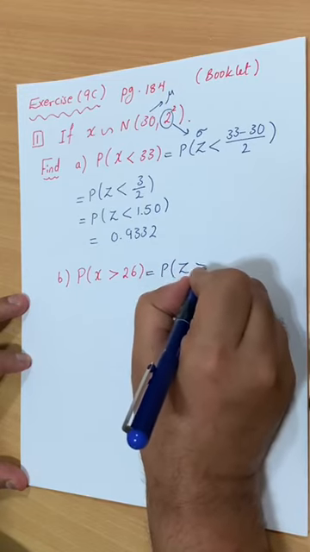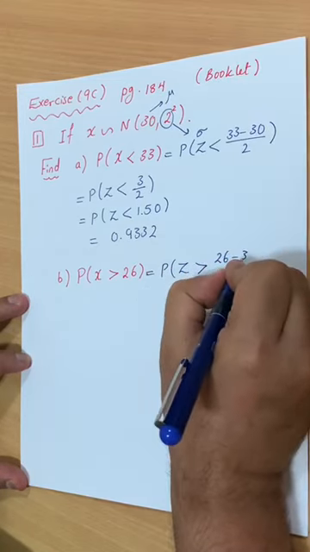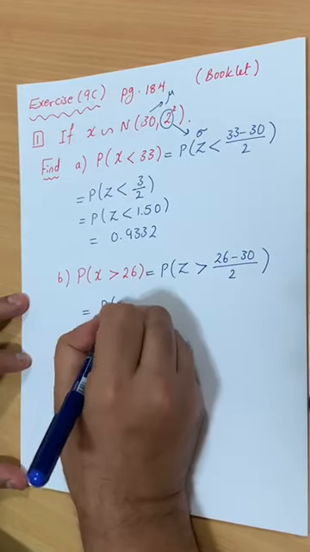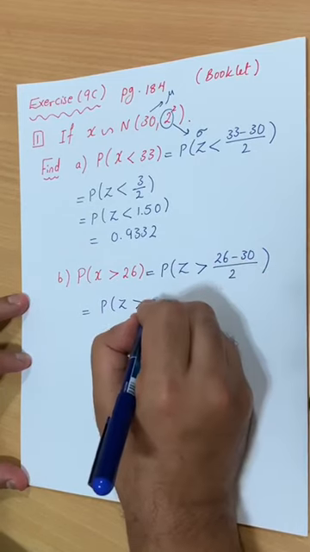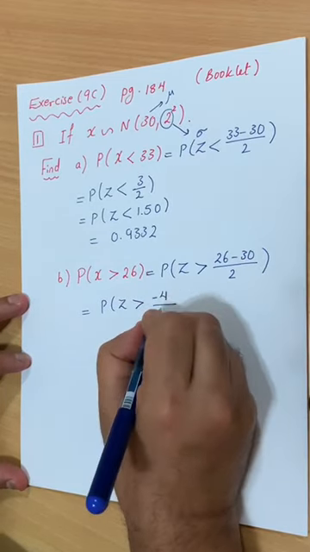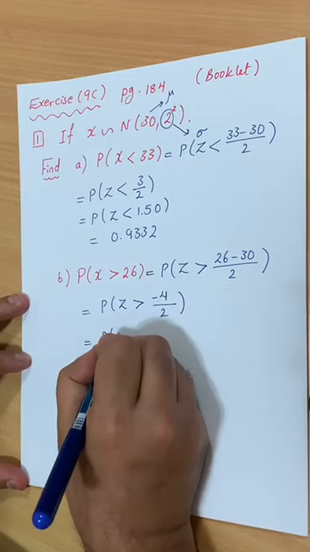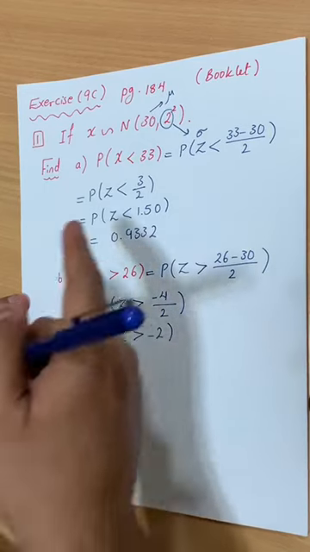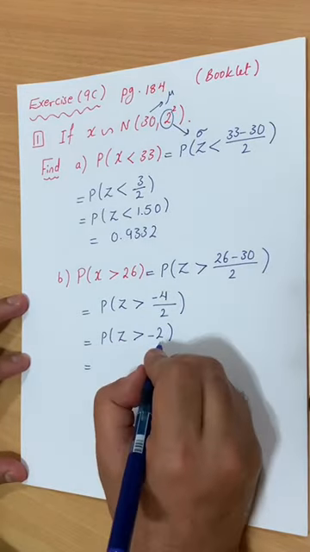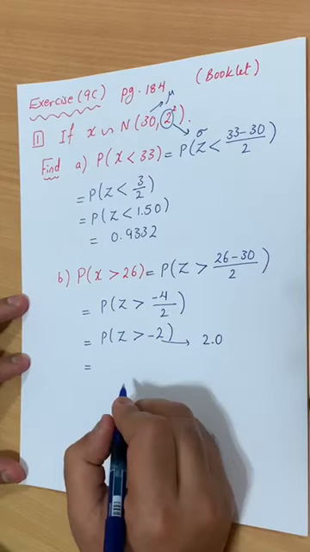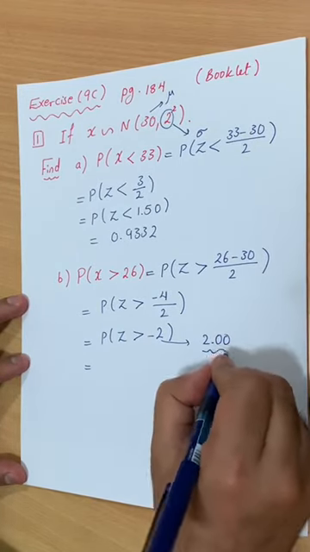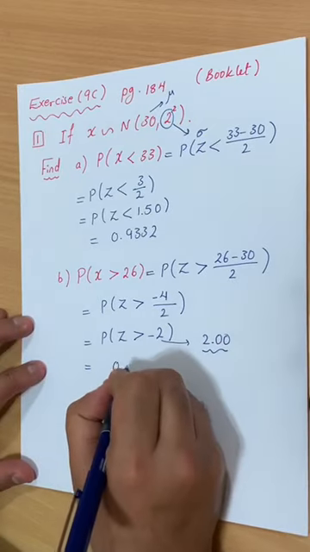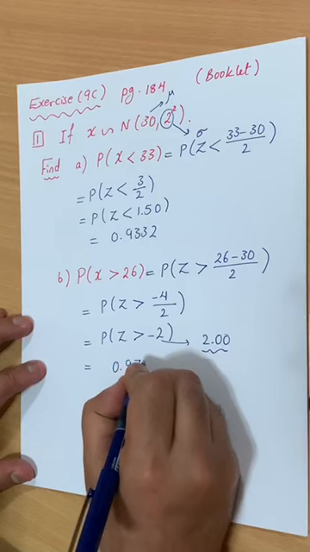The probability of Z more than 26 minus 30 over 2 is the probability of Z more than negative 4 over 2, which is equal to the probability of Z more than negative 2. More than negative is the same as less than positive, so it's the table value. Negative 2 in the table is 2.0 or 2.00, so you have to look for 2.0 first on the first column. The answer is 0.9772.